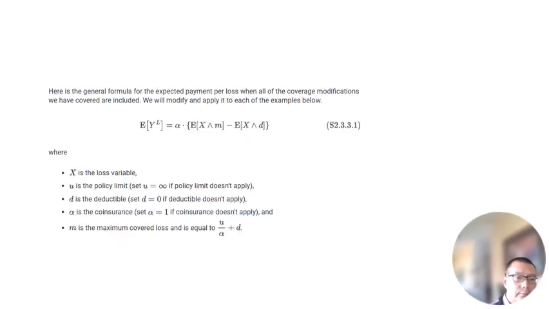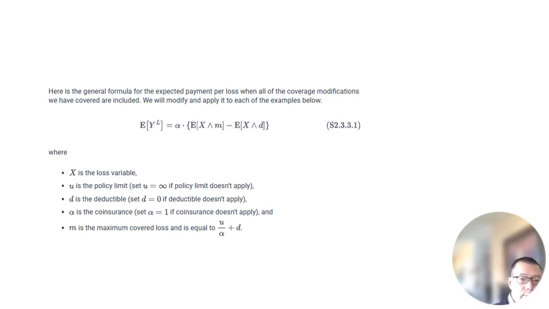Now we have learned policy limit, deductibles, coinsurance, and the maximum covered loss. So here is the general formula for expected payment per loss when all of the coverage modifications we have covered are included. We will modify and apply it to each of the examples later.